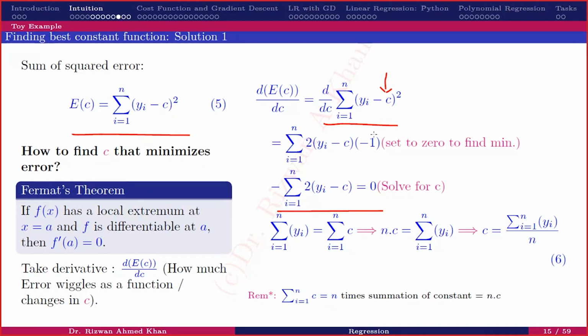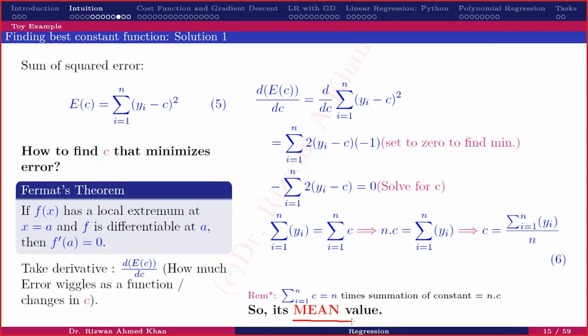After we differentiate it, we make it equal to 0 and solve for c, and we find a very interesting answer: c equals the summation of yi over n, which is just the average value of all the data points. So it's a mean value or average value. If you're given a lot of data points and you just want to pass a constant line, it will have the same output for all the inputs.